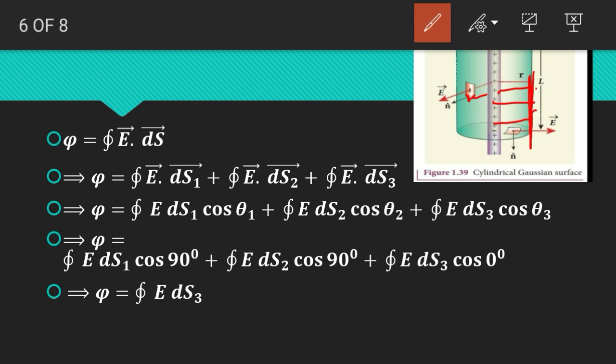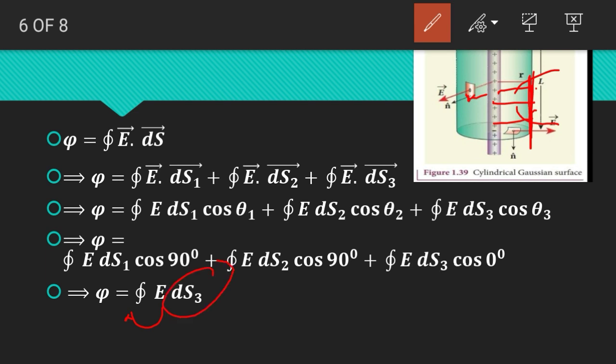Whenever a point is equidistant from the source charge, the electric field will be the same for them, right? So for this point we have 1 by 4 pi epsilon 0 times q by r square, and for this point we also have 1 by 4 pi epsilon 0 times q by r square. All these points have the same magnitude of electric field. So this electric field will be constant over the surface ds3, right?